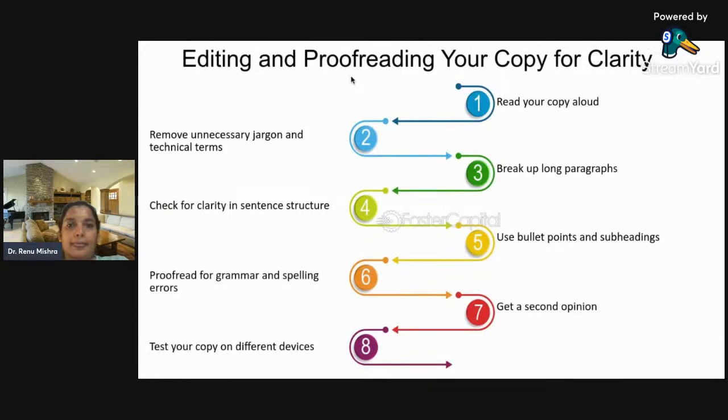Okay. Now this is what you want your editing and proofreading to do to your copy. Read it out loud. Any jargon, any technical terms, like I said, remove it. Break the long paragraphs. This is something which always catches my attention.